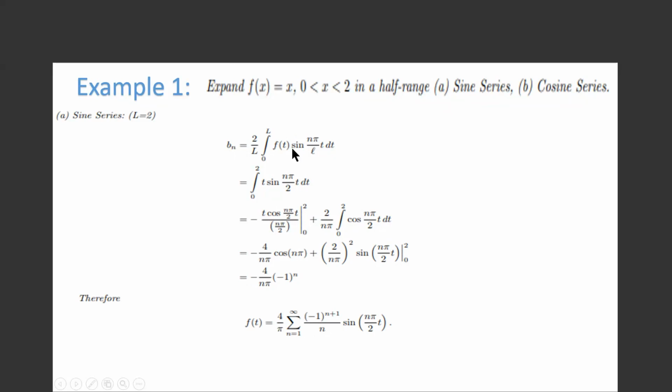My function expanded to be odd, so bn includes sine, and odd times odd will be even, so the integration from minus L to L will be 2 times the integration from 0 to L. This is the Fourier series. Bn is here, times sine of 2n pi t over the period, and the period is 4, so you have 2 pi here divided by 4, so you will have 2 down here.